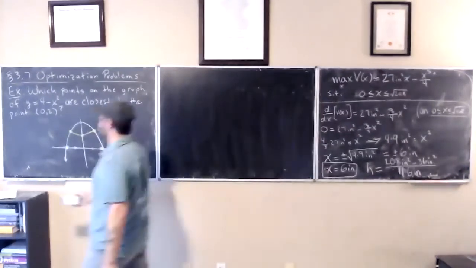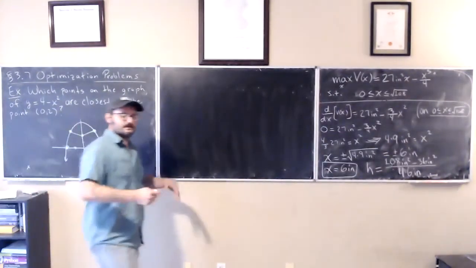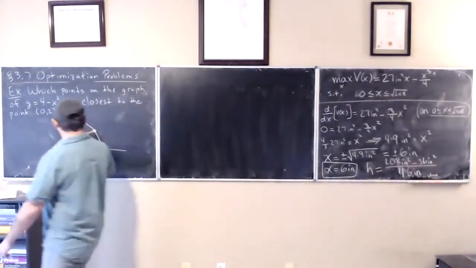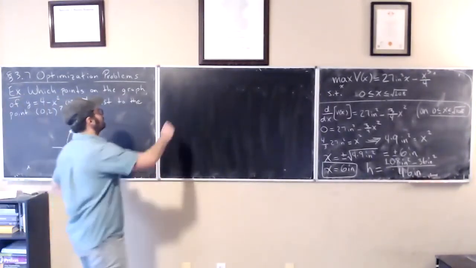Let's see if we can do this. So we need to find the function, our objective function, the thing that we're going to optimize. We need to find that first. So in order to do that, I noticed that I can make use of the distance formula in Euclidean space.